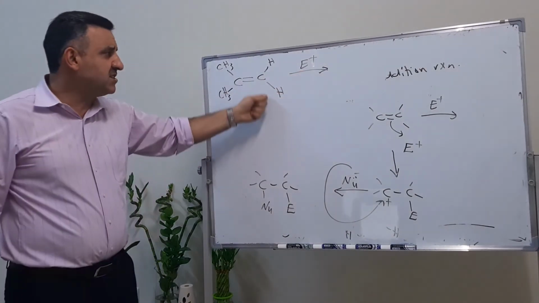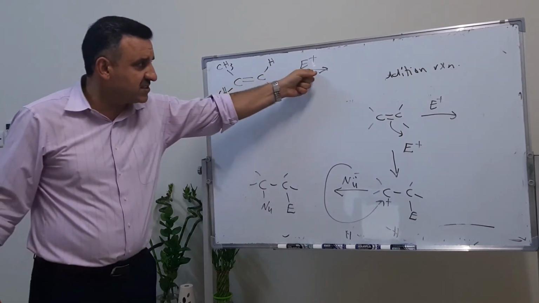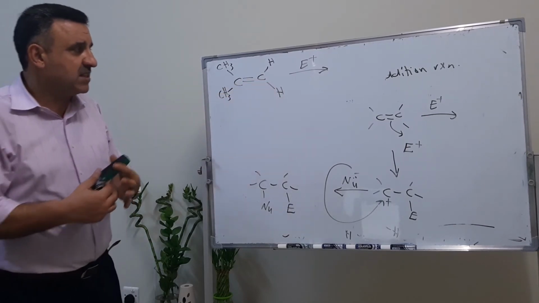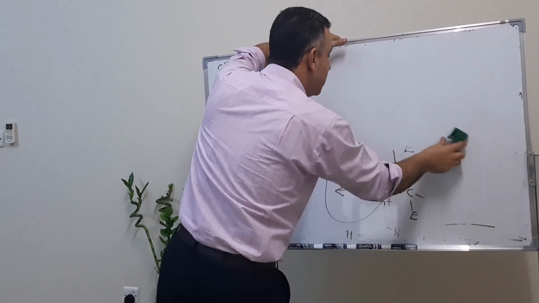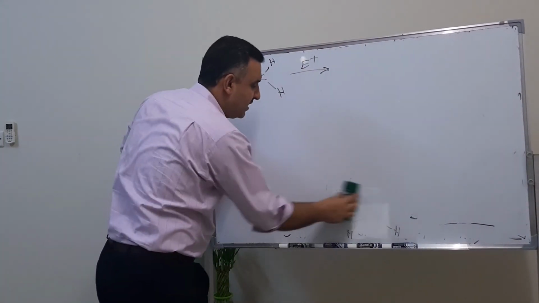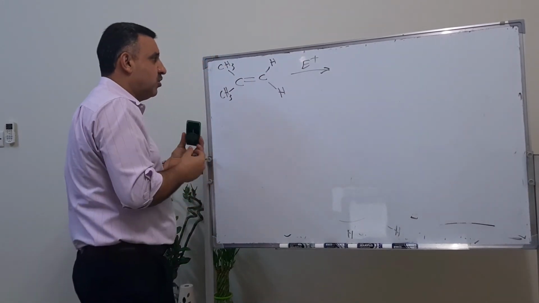Should it attack this carbon and form the plus on that carbon, or vice versa? In other words, there are two possibilities for the electrophile to react with an unsymmetrical alkene like this. I'm going to write the two options.